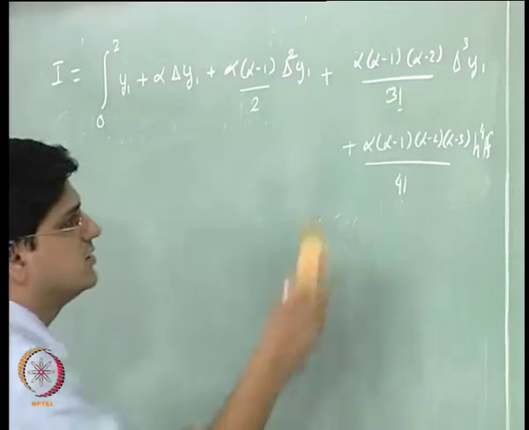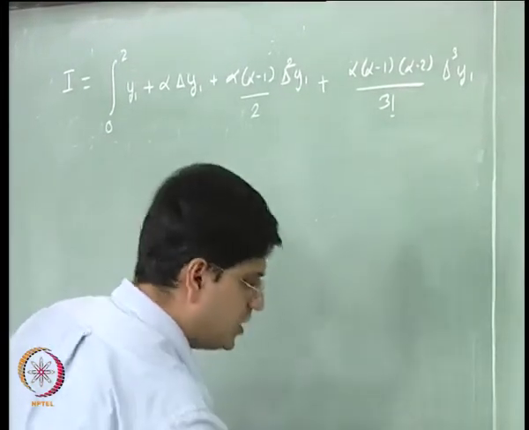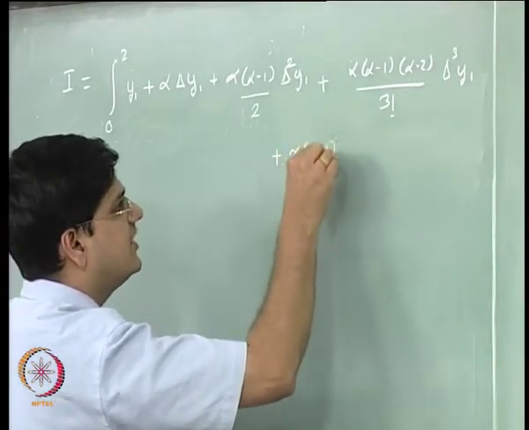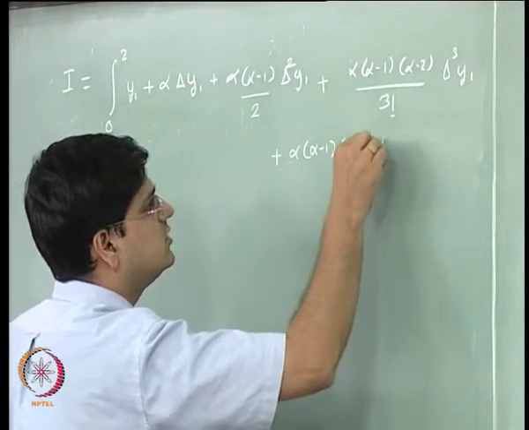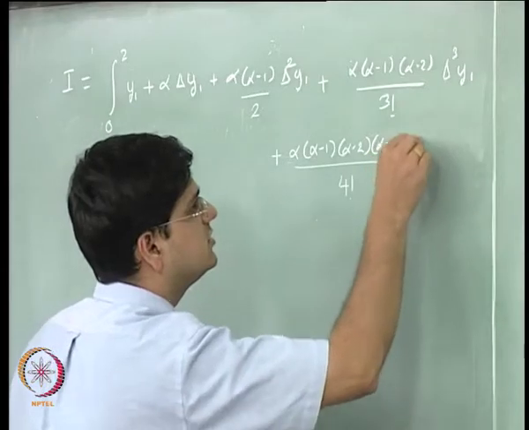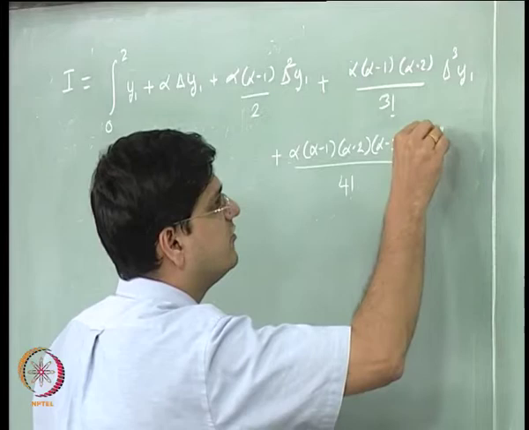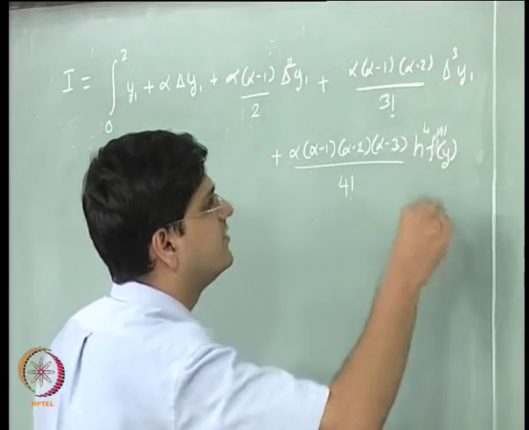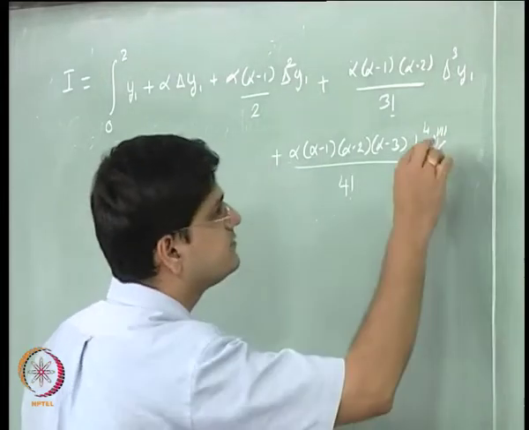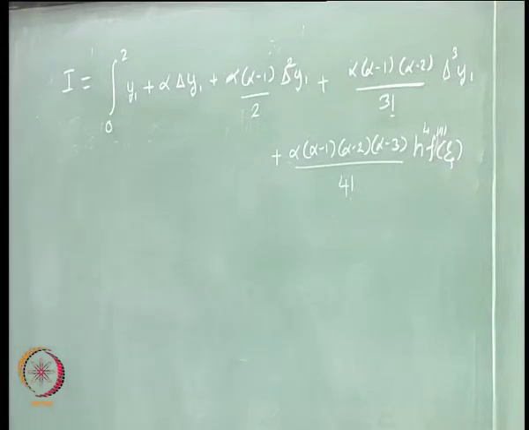I will just rewrite this. The next term after this is going to be plus alpha, alpha minus 1, alpha minus 2, alpha minus 3 by 4 factorial h to the power 4 multiplied by f4 dash of zeta. Okay. That is our polynomial that we had over here.